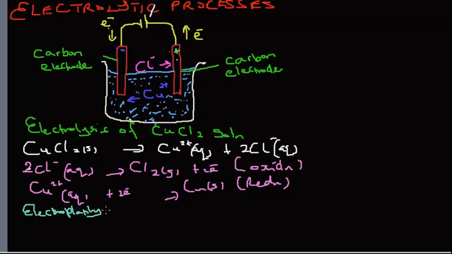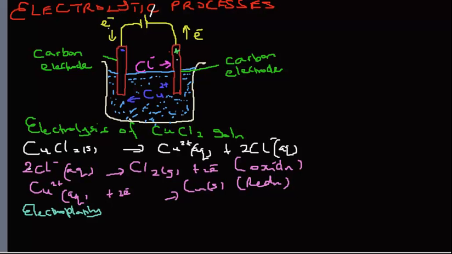So large plates of crude copper are used as the anodes in an electrolytic cell, and thin sheets of pure copper are made the cathodes. Right? The electrolyte is an acidified solution of copper 2 sulfate. When the correct voltage is applied to the cell, copper metal is oxidized at the anodes.